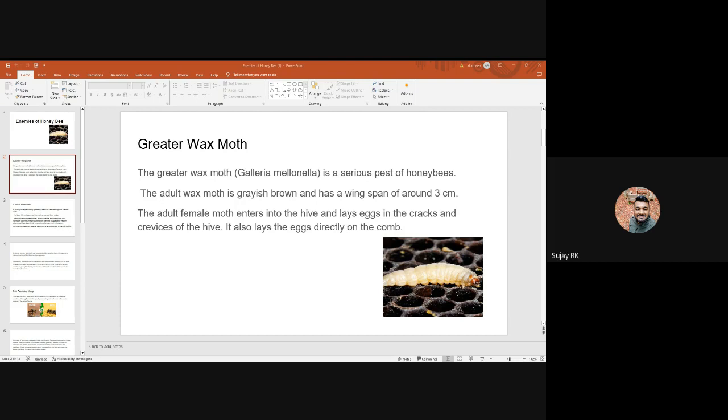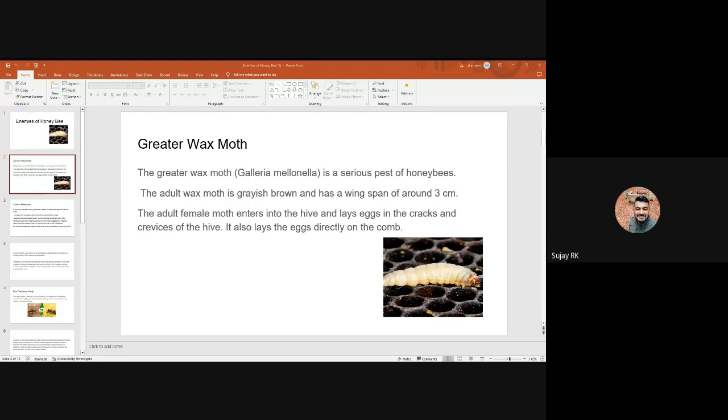The wax moth does not attack the bee as such. Its full development to adult requires access to the used older combs or cell cappings. So this is one of the pests affecting the beehives or the bee boxes.